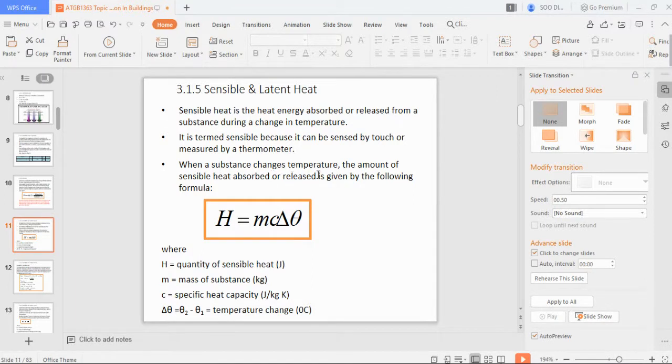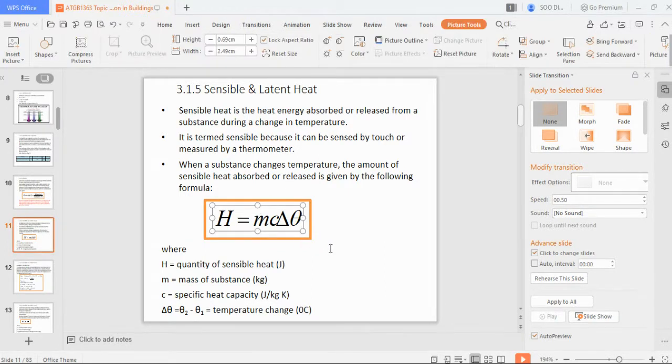When a substance changes temperature, the amount of sensible heat absorbed or released is given by this formula. This H is the quantity of the sensible heat, equal to the mass of substance, which is in kg, times C, which is the specific heat capacity, and then you have your difference in temperature.